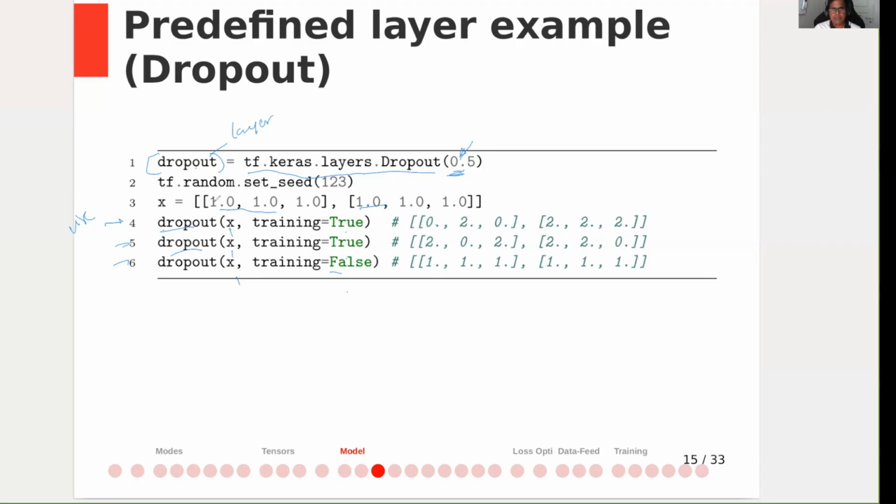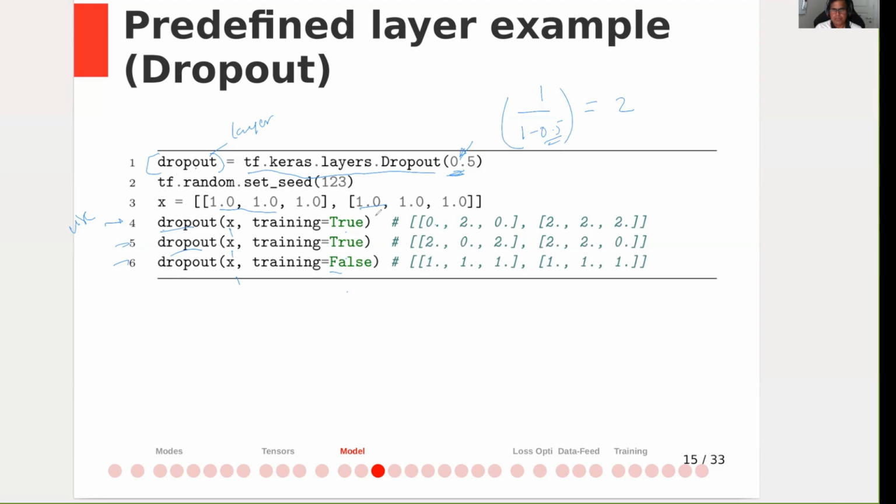Here we have 1, but the output is 0. The second output, 1, has not been dropped, but it has been scaled up using the factor 1/(1 minus 0.5). So this is actually 2. So this value has been scaled up. And the third one is 1, but it has been dropped out, and you have 0, etc.